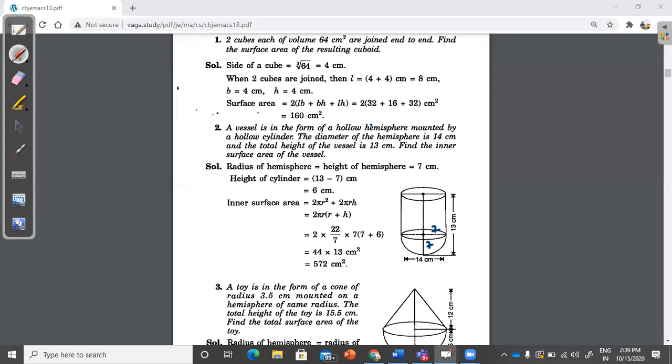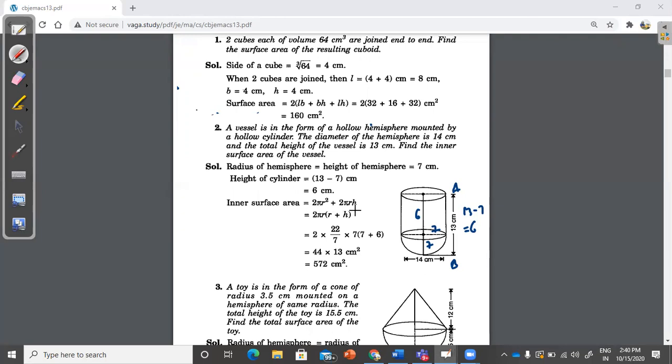The height of the cylinder is going to be 13 minus 7, that is 6. This is very crucial because 13 is the distance from this point A to this point B. And remember, the radius and height of a hemisphere are always equal. So radius is 7, so the height is also 7. These two are equal. So this part is going to be 13 minus 7, 6.